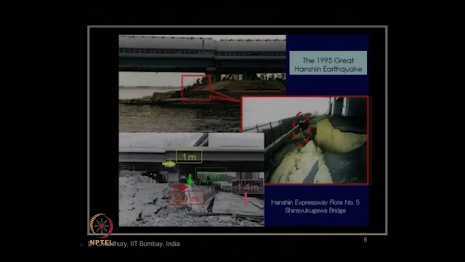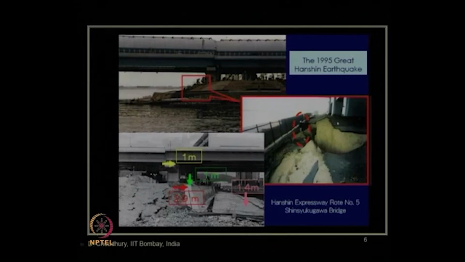That abutment, after the soil gets liquefied and after that lateral spreading has occurred, you can see the movement of this portion by horizontally about 2.9 meter and vertically about 1 meter. So, at this level the movement was in the superstructure about 1 meter in the bridge, and at this location the vertical movement was about 1.4 meter.